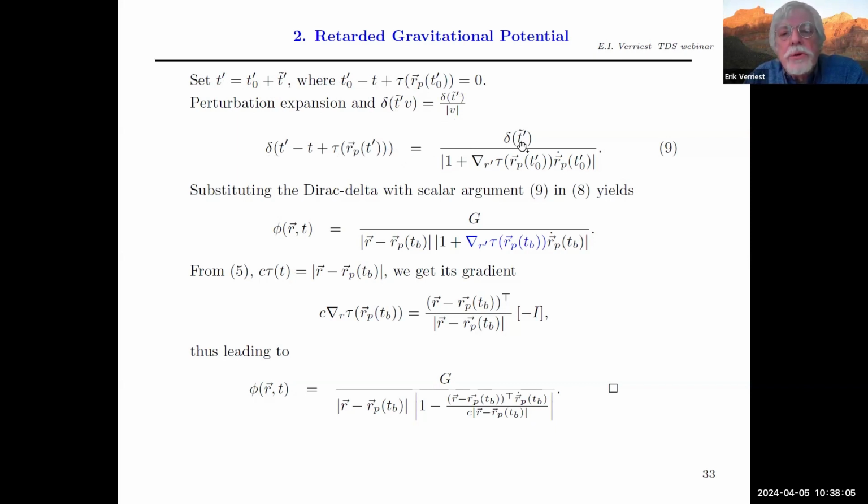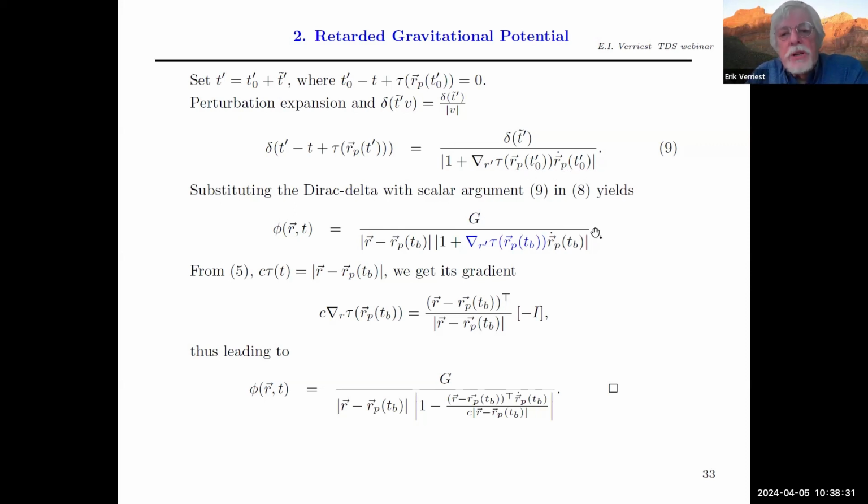So I reduce that to delta t prime, and then we have the derivative of this, which involves the gradient of tau with respect to r prime times the speed of the point mass at the backward time.